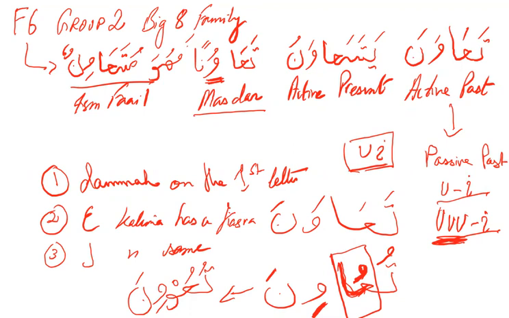So remember the Jahada family that also had an alif. So from Jahada it became Juhida. So the same thing happened here that you have tu'uwina. This is clear why this happened? Yes. Okay.